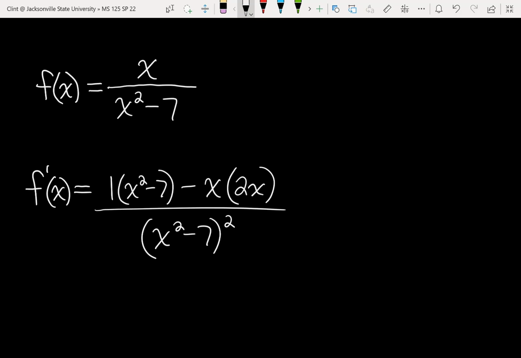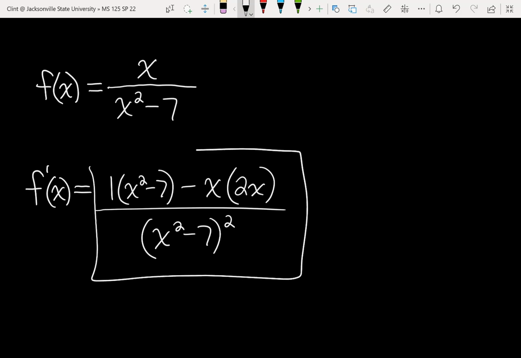So I'm happy with that, but that actually is a pretty nice problem because, what do we, that would be x squared minus 7 minus 2x squared. Oh, it's not as nice as I thought it was. Okay, yeah, so I was thinking that we were going to get positive x squared and get canceled. That's fine.